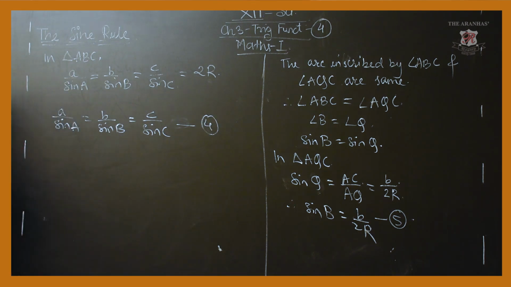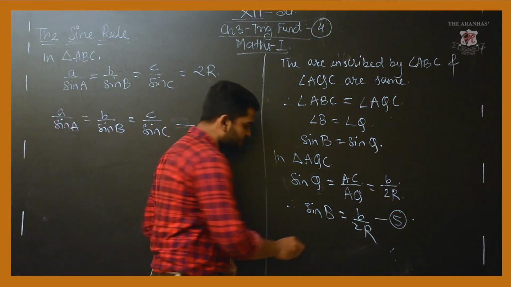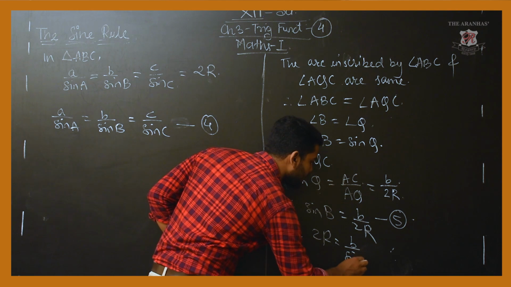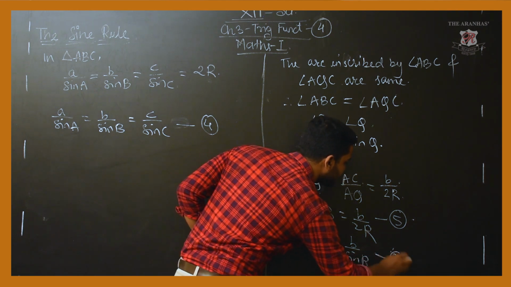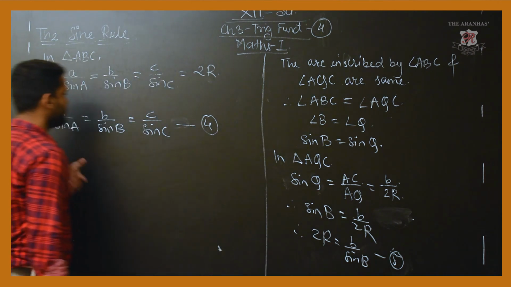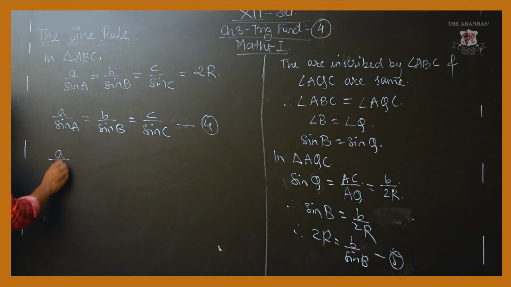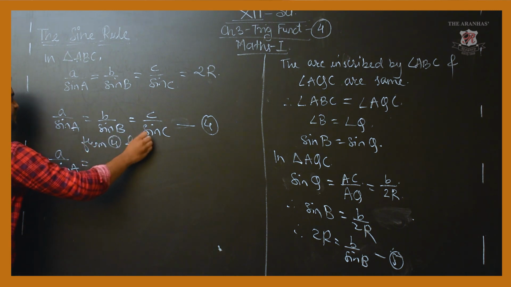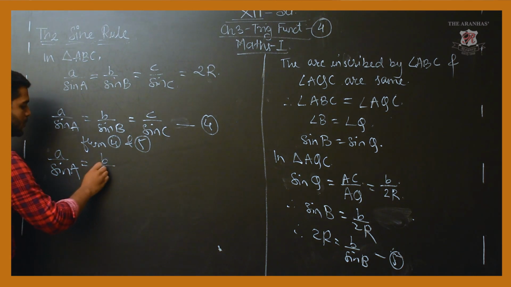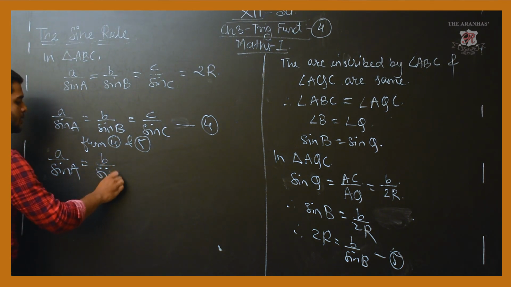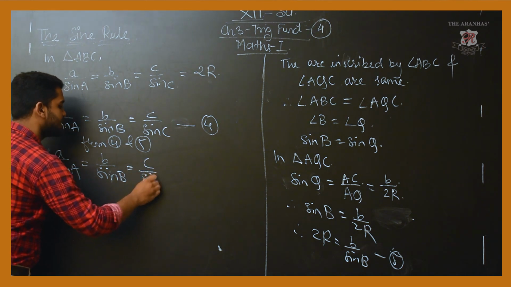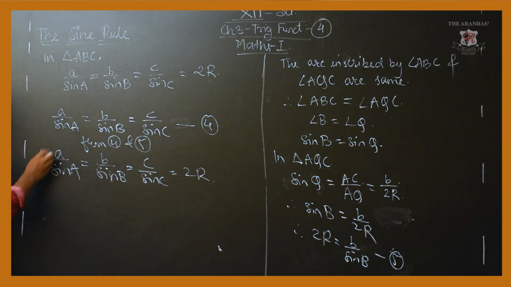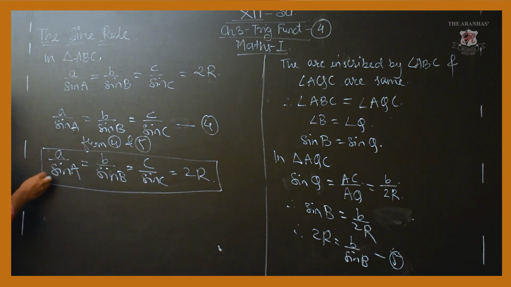So I will just simplify it and make it 2R equal to b upon sine b, and give it as equation 5. So from 4 and 5 we got to know that a upon sine a is equal to b upon sine b equal to c upon sine c equal to 2R. This is what we were supposed to prove. That is our sine rule.